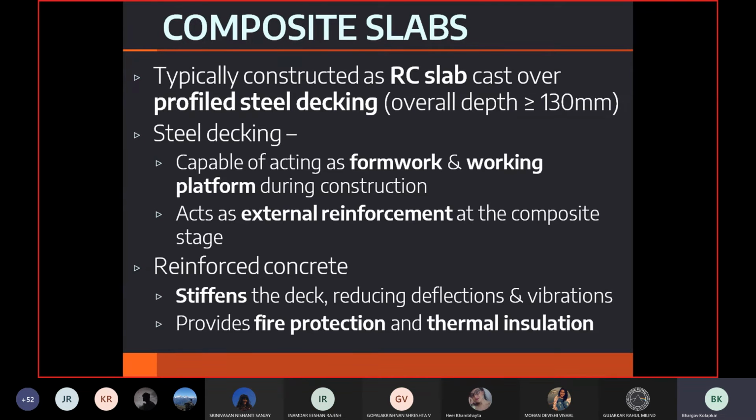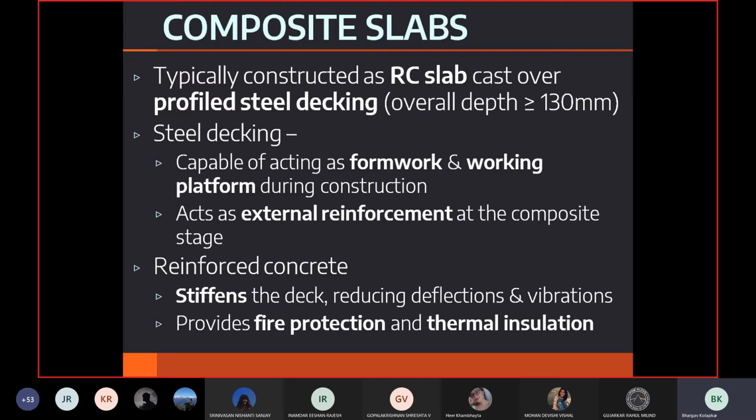Perhaps that is the reason that the site looked so clean, because there was almost no formwork. And during the actual functional stage, it acts as an external reinforcement. So the reinforcement is not in the form of bars, but in the form of steel decking. Of course, we'll see how the concrete and steel are connected to each other and how force transfer occurs. But during the functional stage, it acts as an external reinforcement.